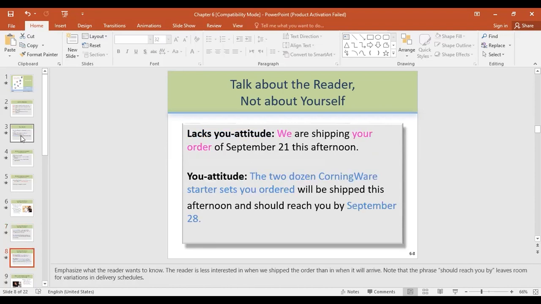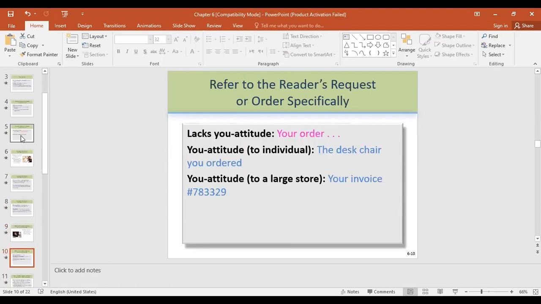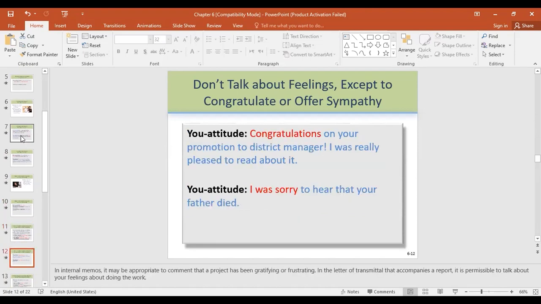Here also we have a false sentence and a correct sentence, keeping the same context. Don't talk about feelings except to congratulate or offer sympathy.